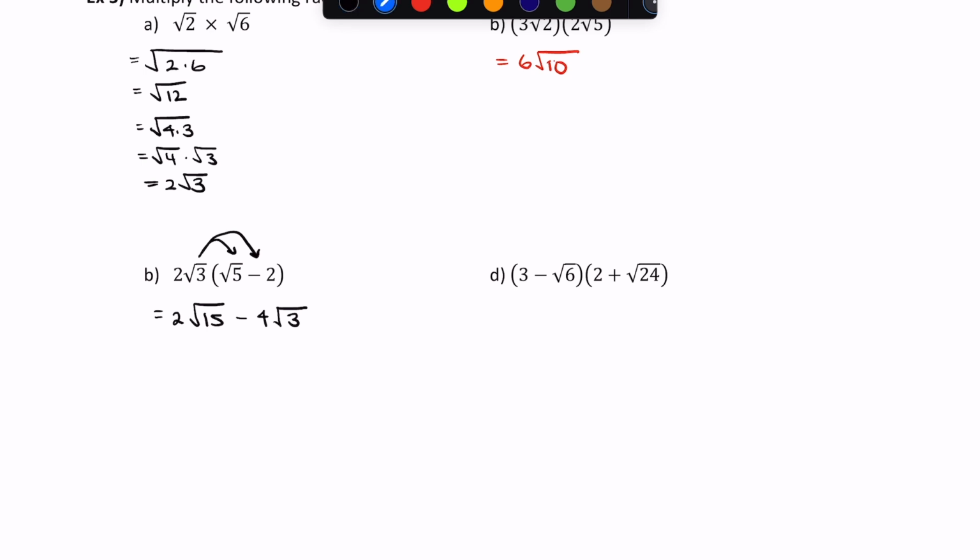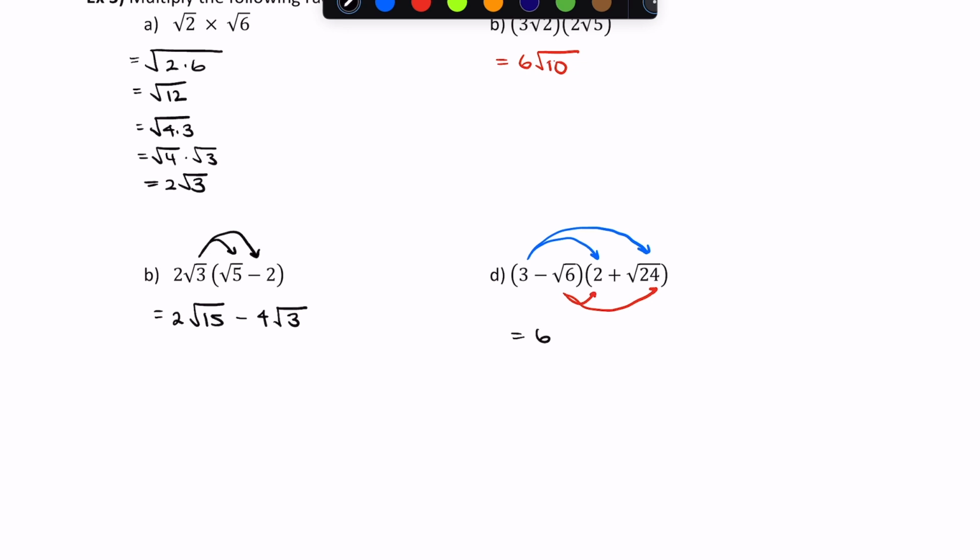And then this last question here, we have 3 minus square root 6 multiplied by 2 plus square root 24. Here we're using the concept of FOIL. So the first, the outside, the inside, and the last. And so here we have 3 times 2, which is equal to 6.